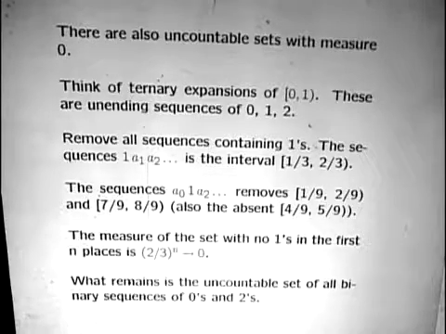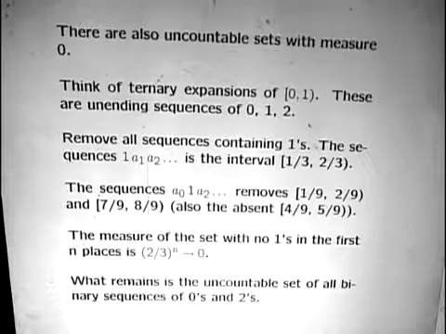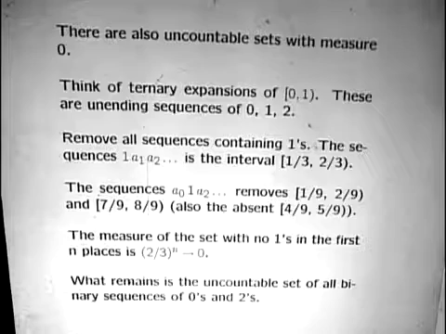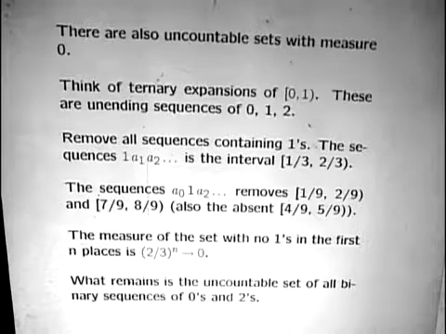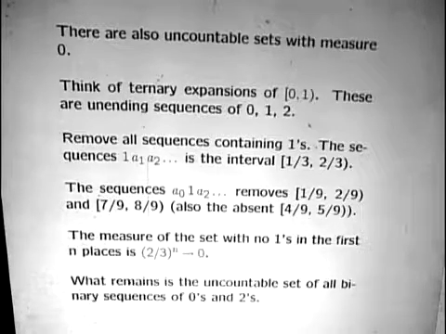Okay, so I want to look at all of those ternary expansions. Each real number corresponds to a ternary expansion, which is an infinite sequence of numbers, each of which is 0, 1, or 2. Okay? Now, what I'm going to do is I'm going to remove all of the sequences which contain any ones in them at all.